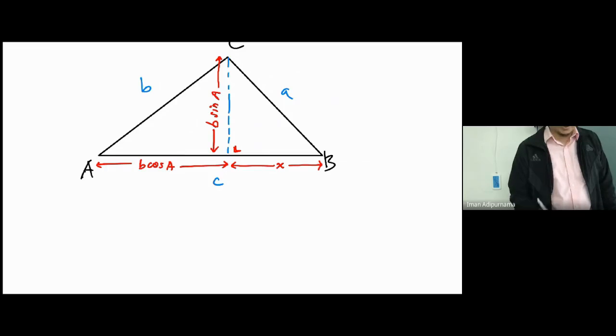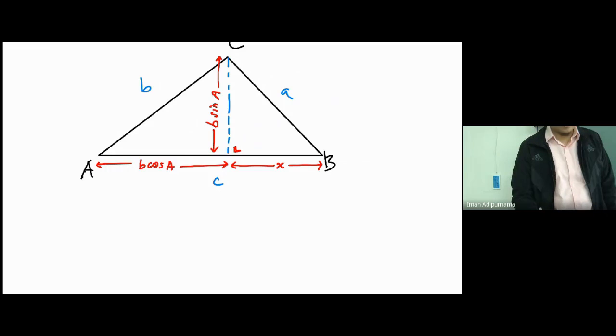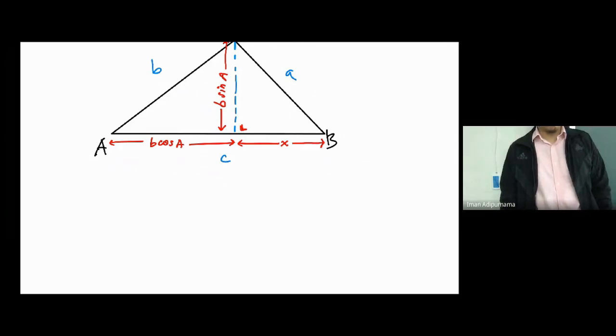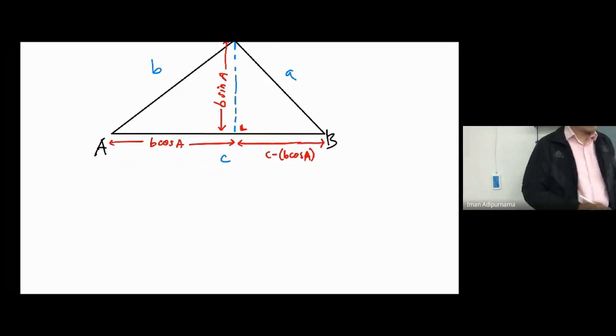This side is not necessarily x, I just write c minus b cos A. Now see this triangle here.